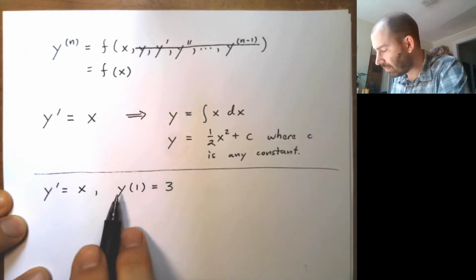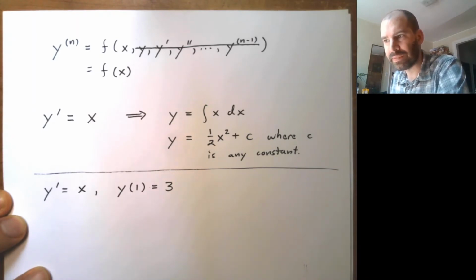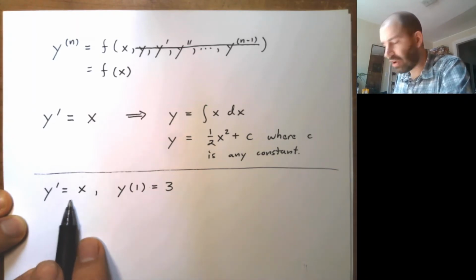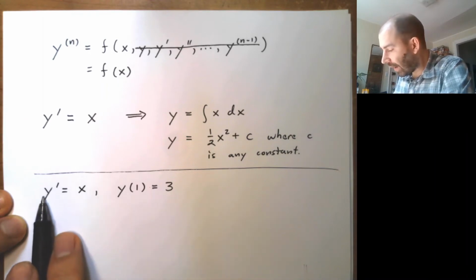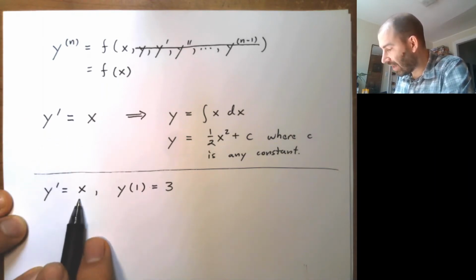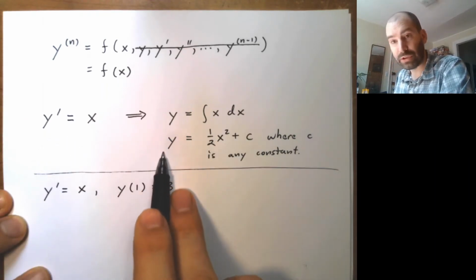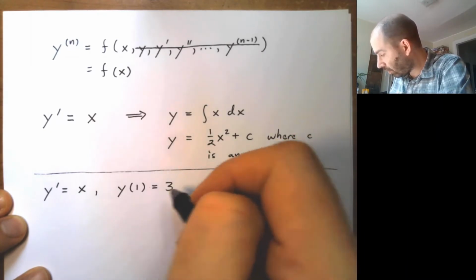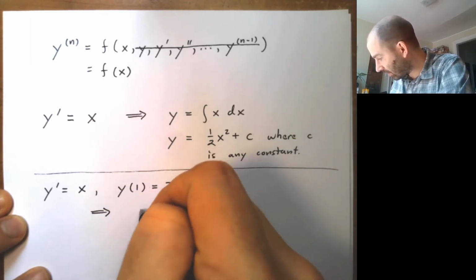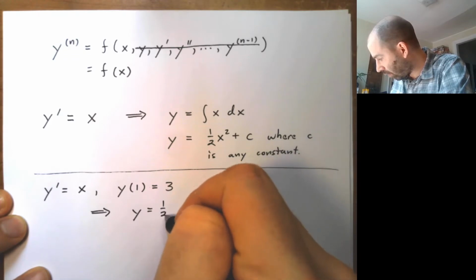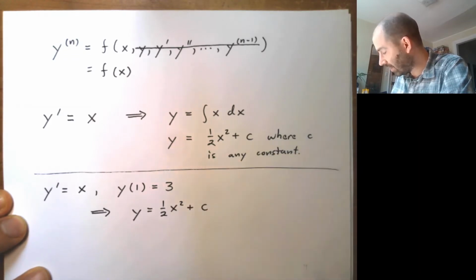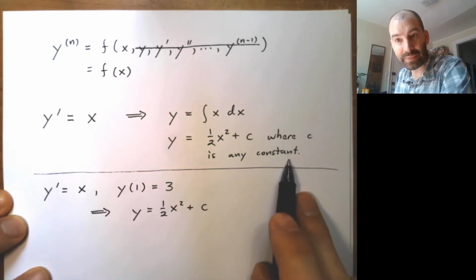So we're given some additional information. Well, how would we solve this? I'm starting with the same thing, y prime equals x, so I'm going to get the same solution. So what this gives me is y equals 1/2 x squared plus c, where c is any constant.